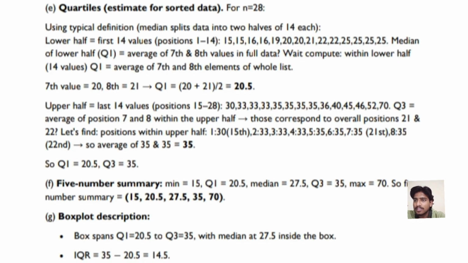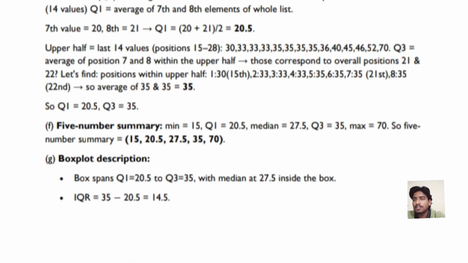Now F is the five-number summary: minimum equals 15, Q1 is 20.5, median is 27.5, Q3 is 35, maximum is 70. So the five-number summary is 15, 20.5, 27.5, 35, 70.